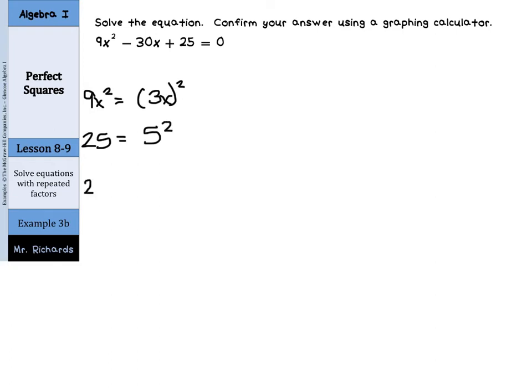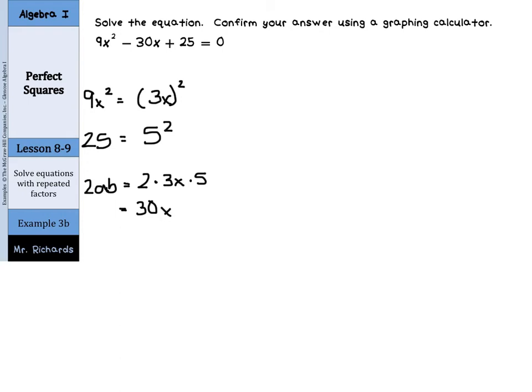And then I need to look at what 2ab is equal to. That would be 2 times 3x times 5. 2 times 3 is 6, times 5 is 30x, and that's matching this. So I do have a perfect square trinomial.